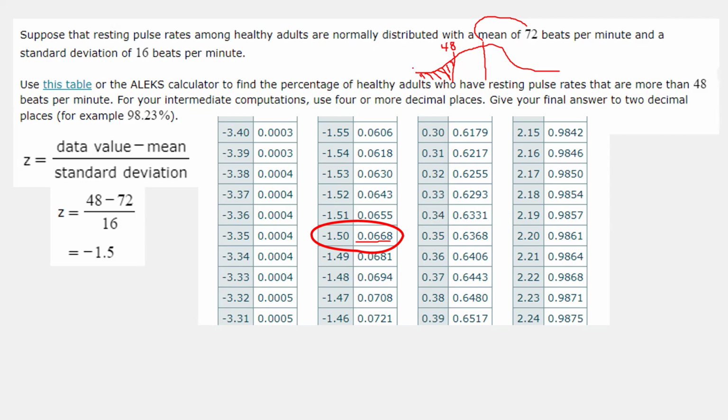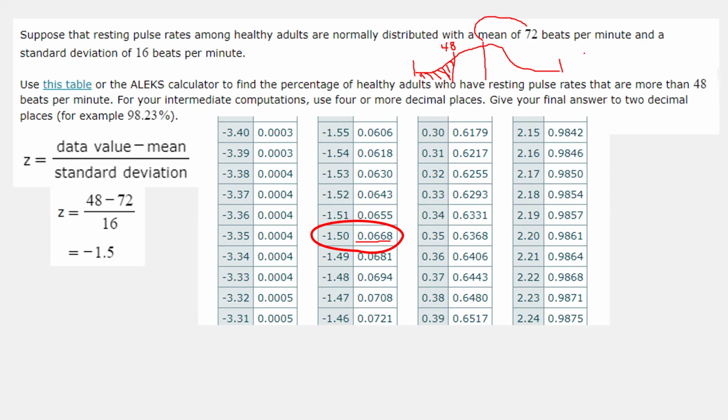I know that all of this, from wherever the end is to wherever the end is, is 100% of the data. Without a doubt, that's 100% of the data. Well, if this is 0.0668 as a decimal, what's 100% as a decimal?